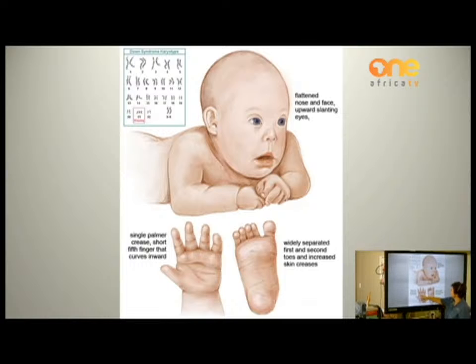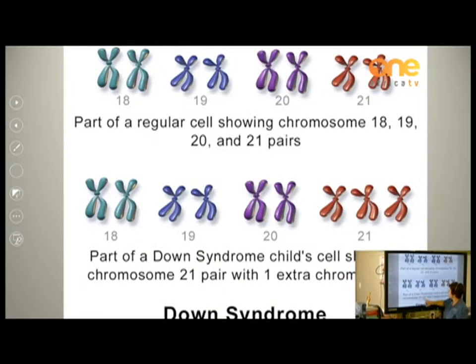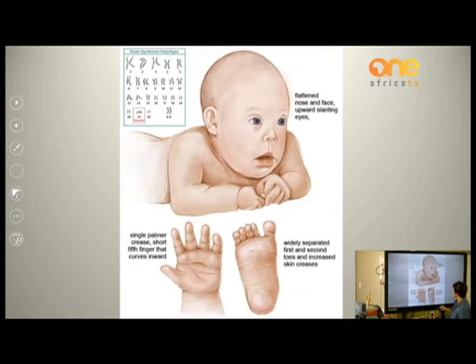And this line right through the hand is also an interesting fact of Down syndrome. The toes that are widely apart, first and second toe, and lots of creases on the foot are a sign of Down syndrome.